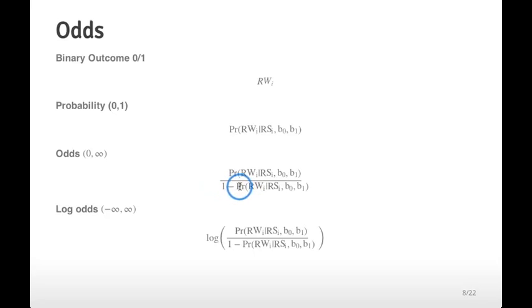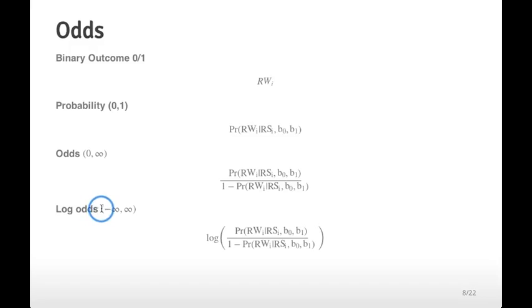As the probability gets smaller and smaller, this variable gets closer and closer to 0. As the probability gets closer and closer to 1, this denominator gets close to 0 and this thing gets very, very big. You could also take the log of this variable, and the log of the variable will take on all the values from minus infinity to infinity.